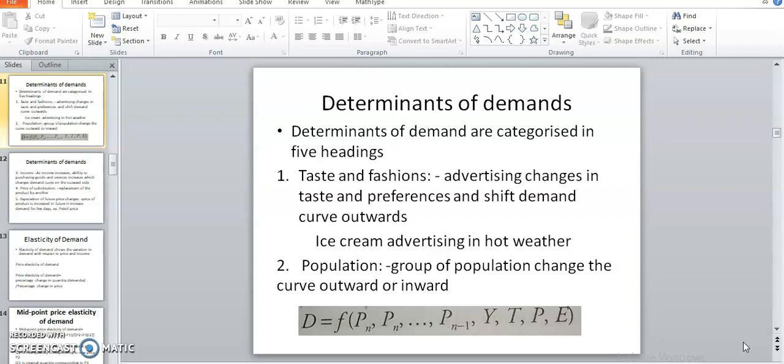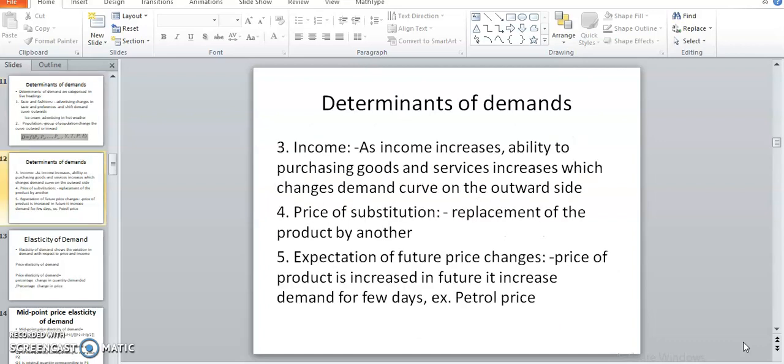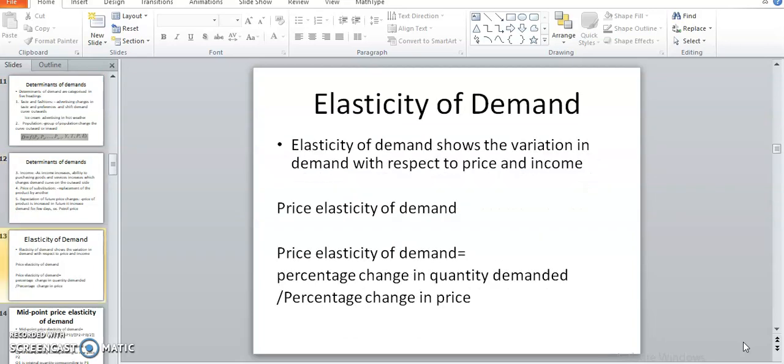These parameters affect the demand curve, which is represented by D. By these determinants, the demand changes, shifting the demand curve toward the left or toward the right.